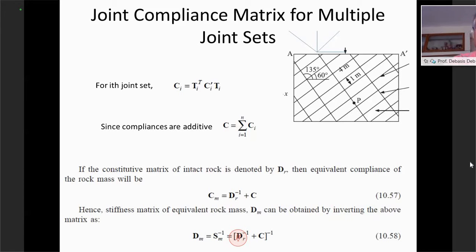That means what happened? These joints are gone. Now there is an equivalent D. And this D or this C is now highly anisotropic. This is an anisotropic property.